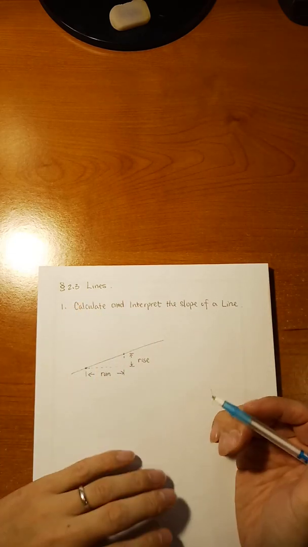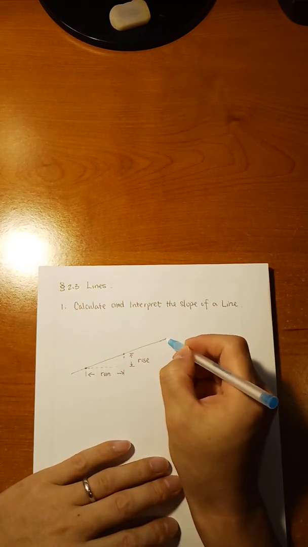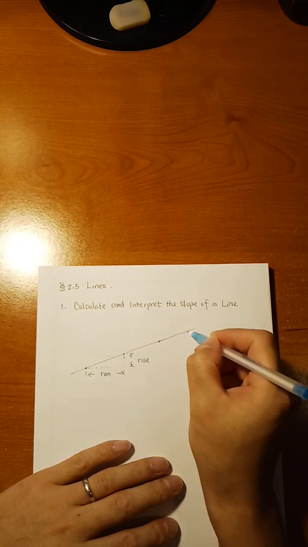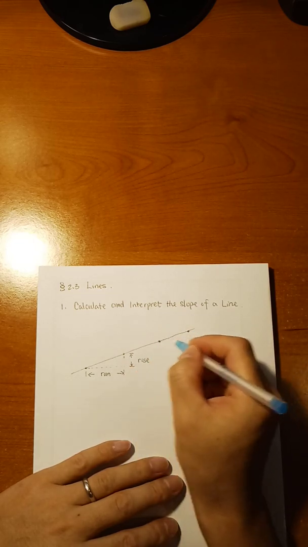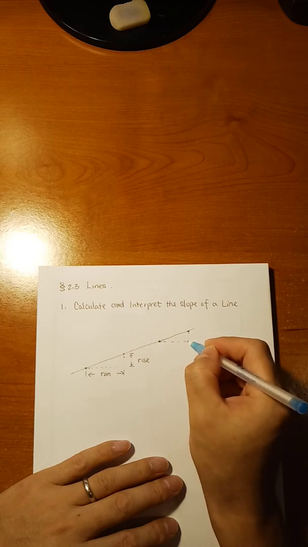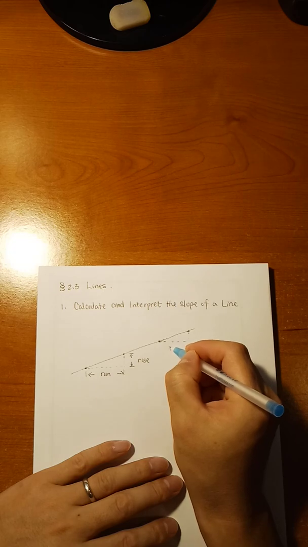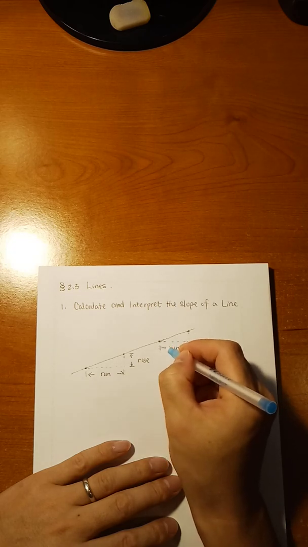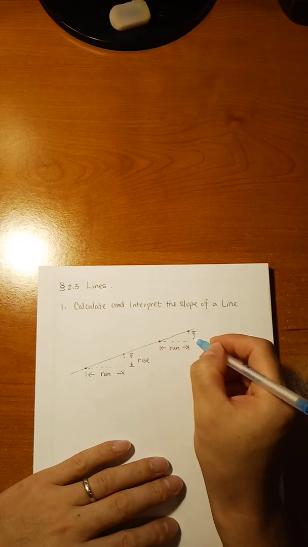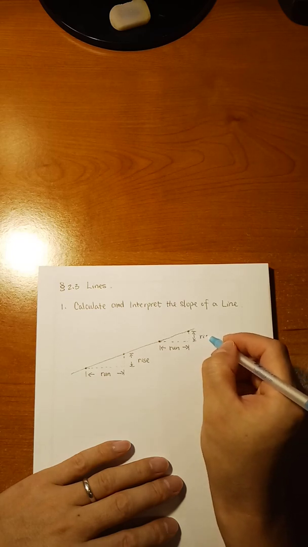Okay, and from the geometry we figure out, if you pick any other pairs of points from the same line, of course, because this selection of pairs is random, the rise and the run are random.